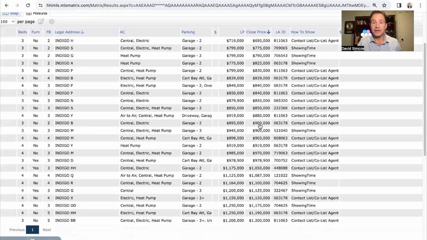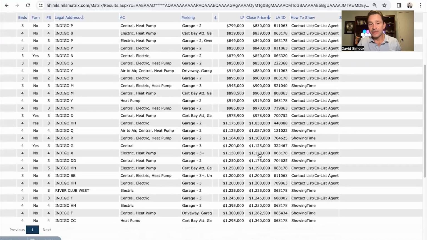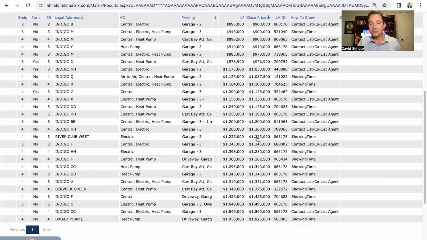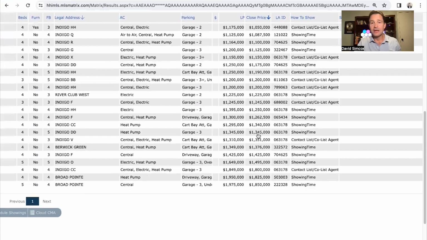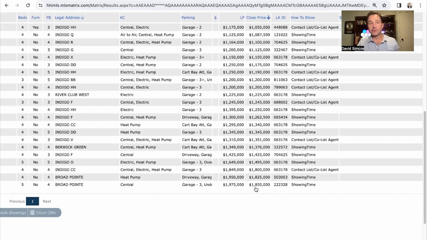We have a handful of transactions in the 900s, and then it jumps quickly into the $1 million range. And I would say the vast majority of these are going to be in that $1 million range. Looks like they capped out at $1,850,000, which was the most expensive transaction in Indigo Run.